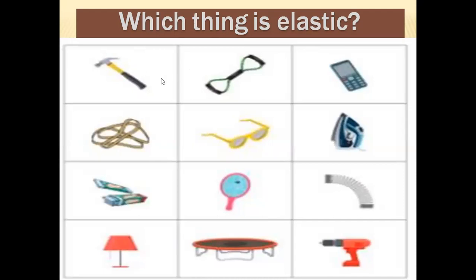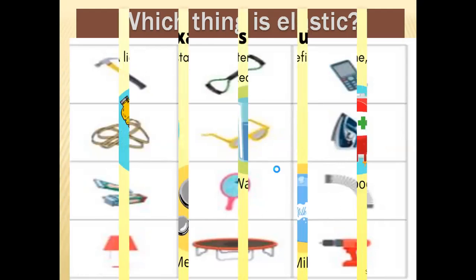Hammer is not elastic. Phone is not elastic. Goggles are not elastic. Iron is not elastic. Mirror is not elastic. Lamp is not elastic. And drill is not elastic. Whereas the other things are elastic and we can stretch them easily.